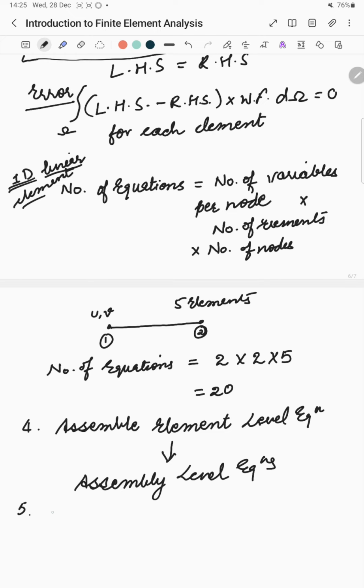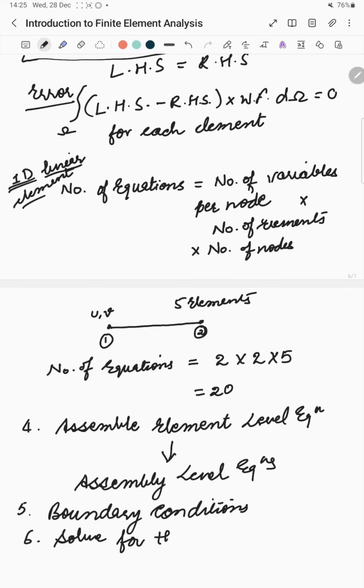Then we can apply the boundary conditions. And the last step is to solve for the unknown in the assembly level equations.